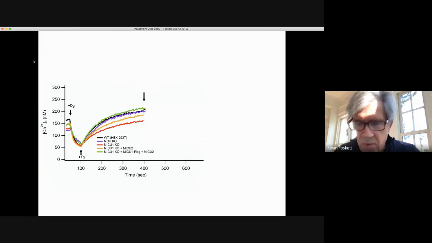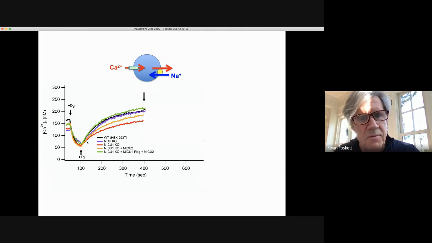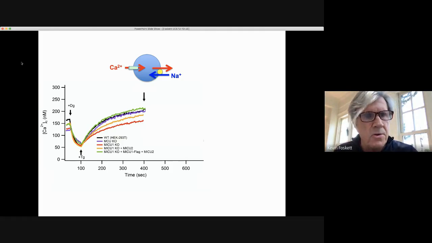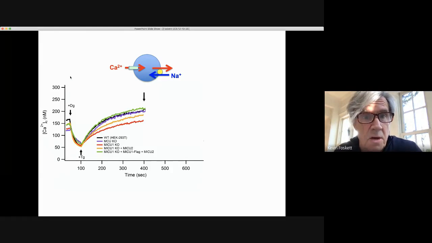So at this point, we've reached a steady state after we let this transient release of calcium from the ER relax. We're down at pretty low calcium concentrations, not so high compared to basal resting levels. And at this point, mitochondria are in a steady state where any calcium influx through the uniporter is balanced by calcium extrusion through the sodium-calcium exchanger.